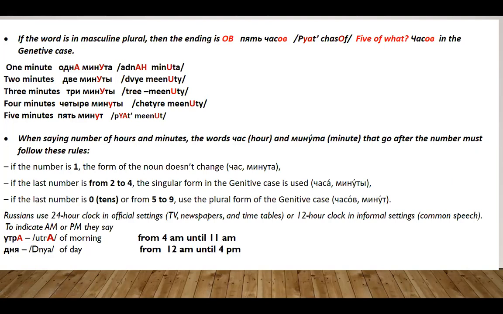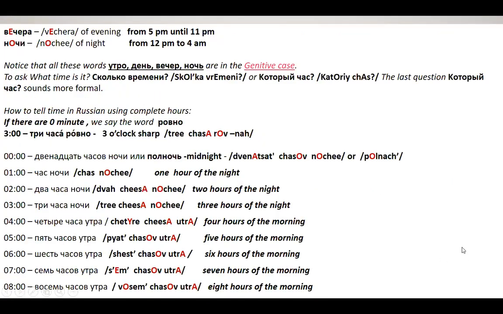From 12 until 4-ish, it's daytime. And then it will be evening, вечера, from 5 p.m. until 11 p.m. And then ночи, of night, certain time of night, will be from 12 p.m. to 4 a.m. And then everything starts from the beginning.